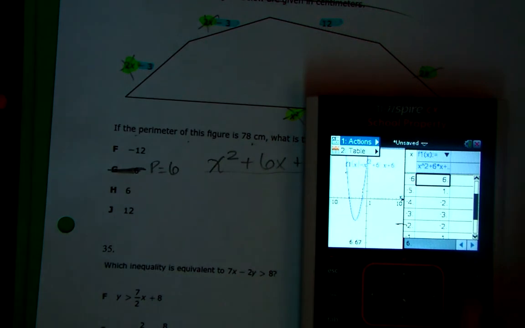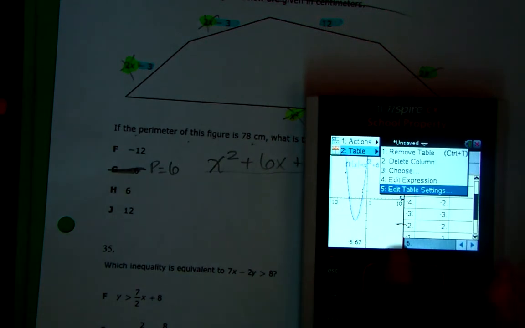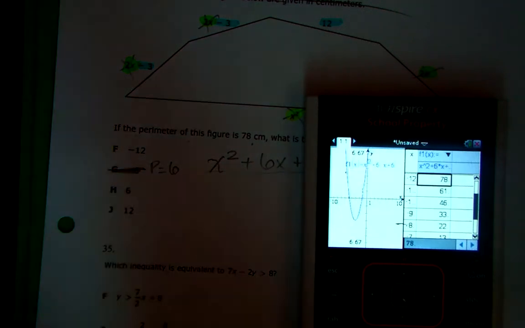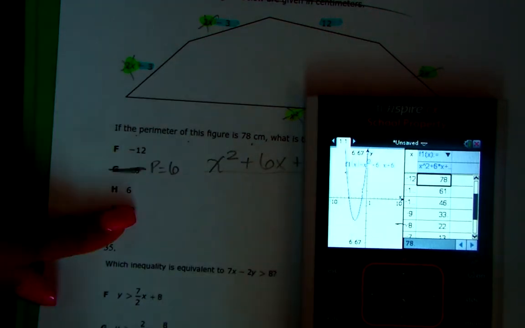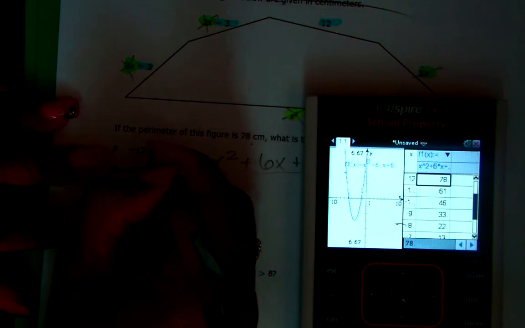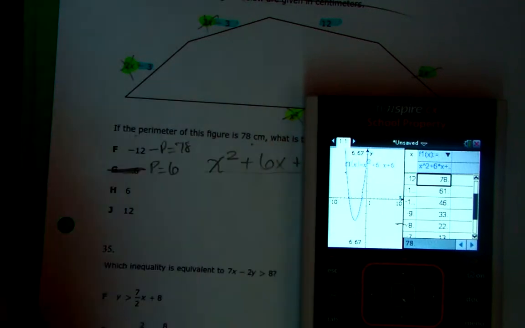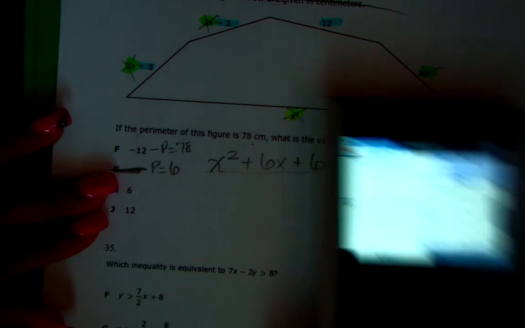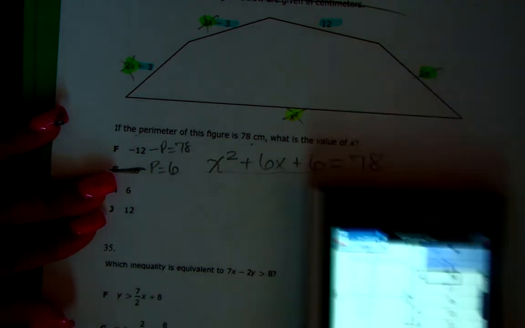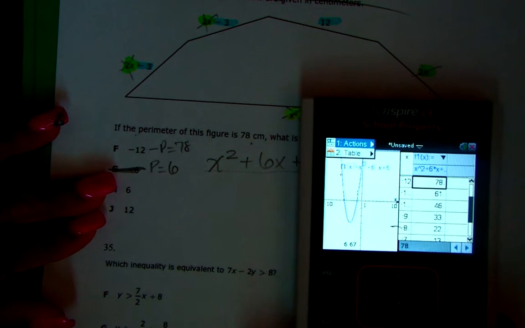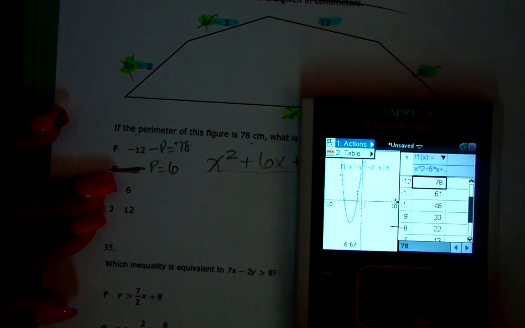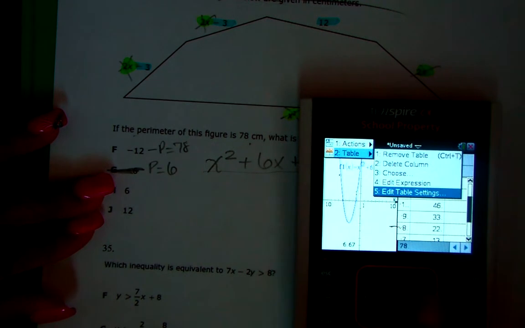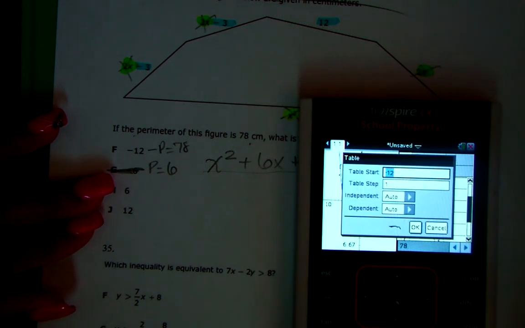Okay, so go back to menu, go to the table, edit, and let's put -12. Enter. And that gave us 78. So this right here gave us 78. Let's go back, edit, and change that to a positive 12.